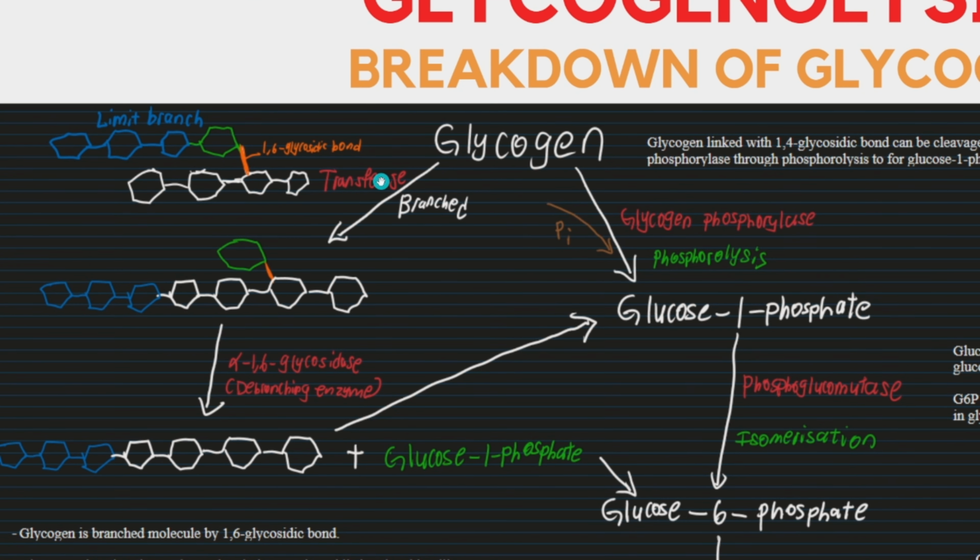It will be the transferase, because this glycogen phosphorylase can only break down the 1,4-glycosidic bond until it stops when there are 4 residues from the branch point. When they cut until 4 remain, the glycogen phosphorylase cannot work anymore.